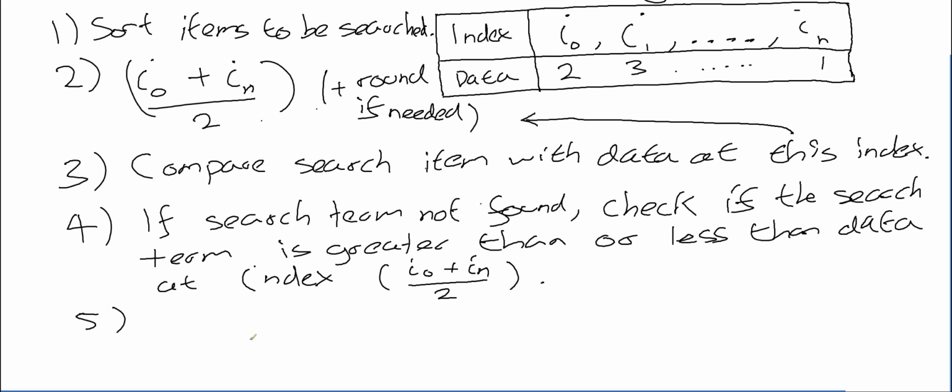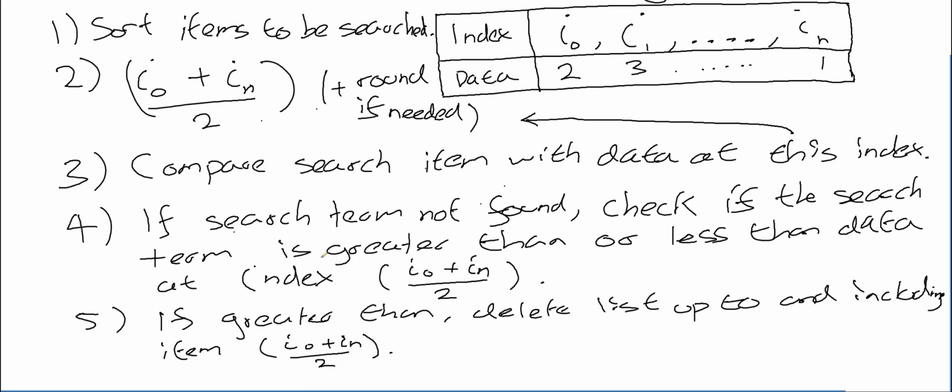If the search term is greater than the data item at the index I0 plus IN over 2, we've got to delete the first part of the list, up to and including the data item at I0 plus IN over 2.